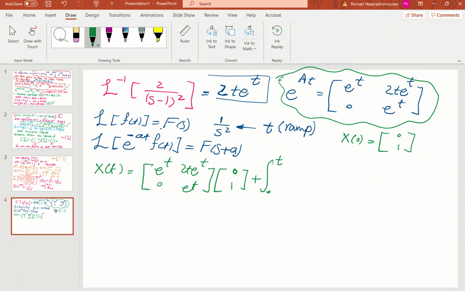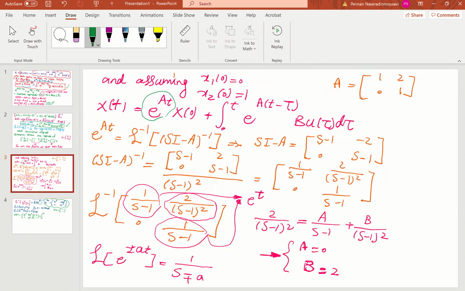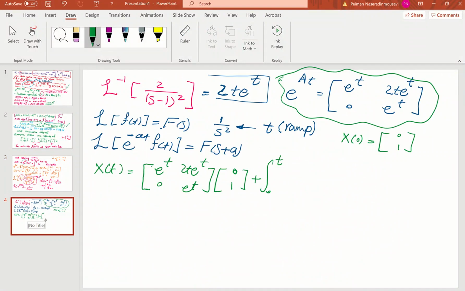Now, once you found the matrix exponential, you can change the variables. Look at here, for e to the At, just replace t with t minus tau. So it's going to be exponential t minus tau, 2 t minus tau e to the t minus tau, 0, e to the t minus tau, times b.